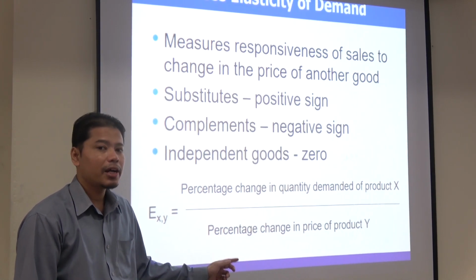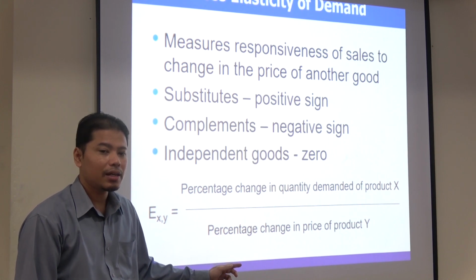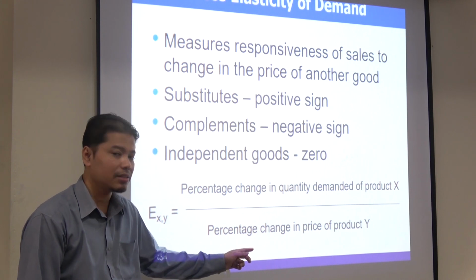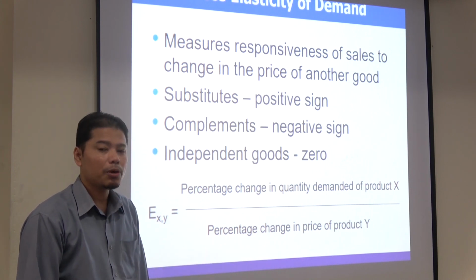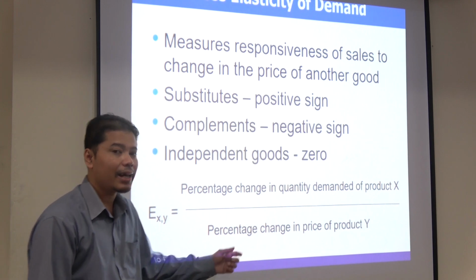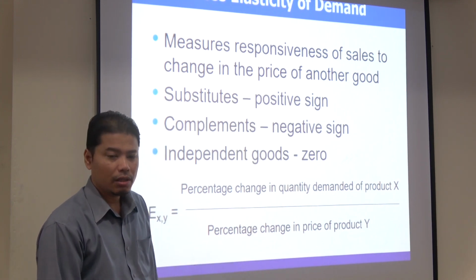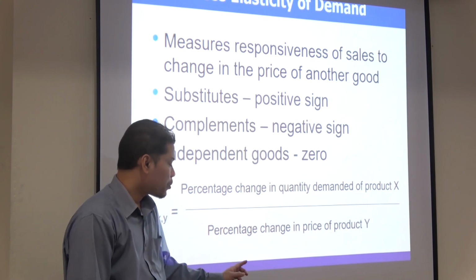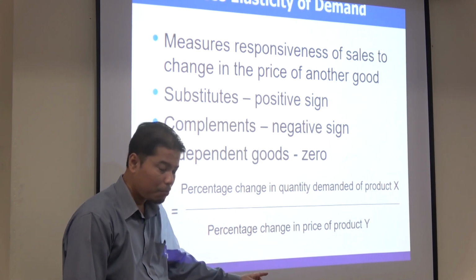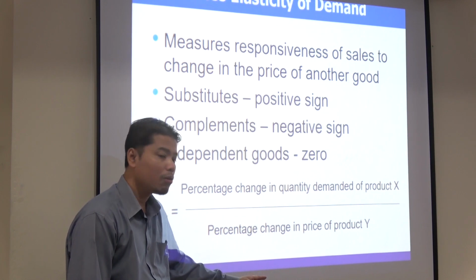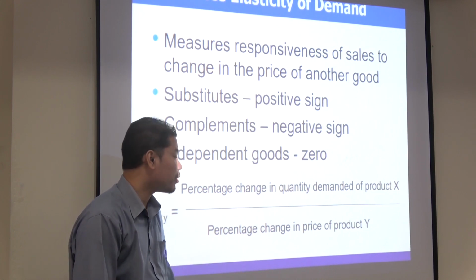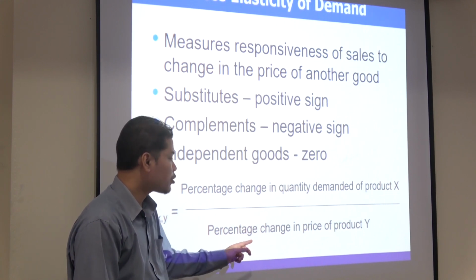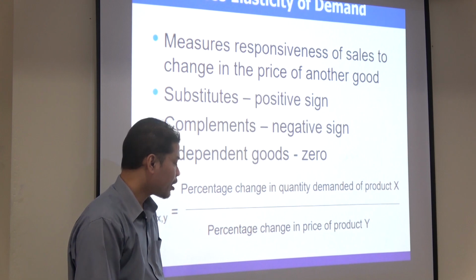But because ceteris paribus means that the price of orange doesn't change, people probably will buy more apple and less of orange because orange is the substitute to apple. So price of Y declines, people will buy more Y and less X. So quantity of X will decline, negative sign.